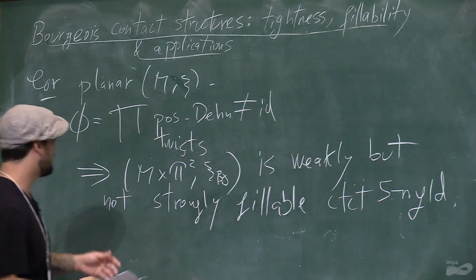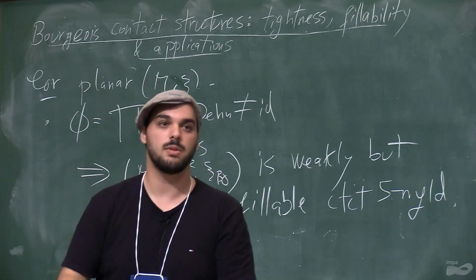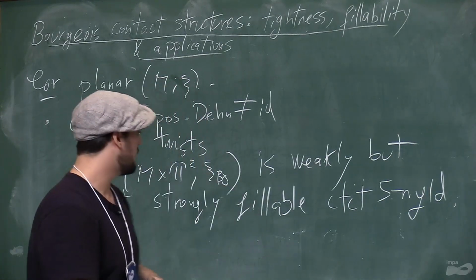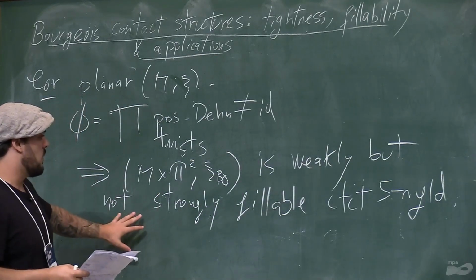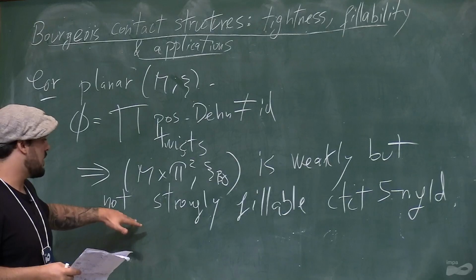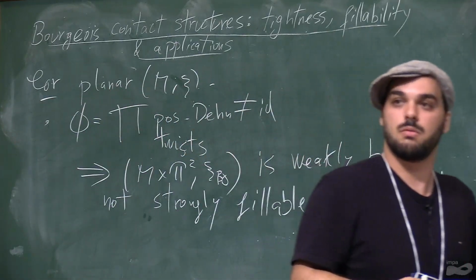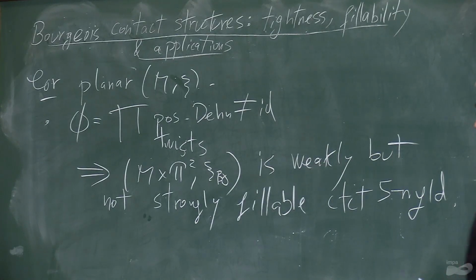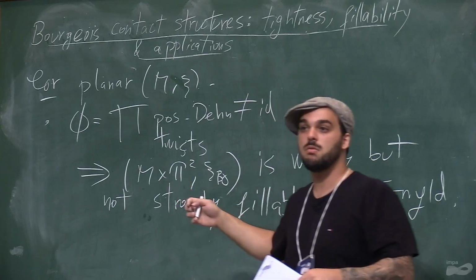Right? It's weakly fillable because the original one is Stein fillable and particularly weakly fillable, and that's a property that stabilizes. It's not strongly fillable because of theorem 2. The remark here is that the first examples of such manifolds were constructed by Mueller, Kreuger, and Wendl, also in dimension 5, and smoothly they look like a 3-manifold times T2.